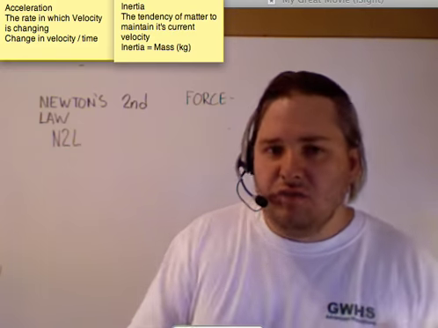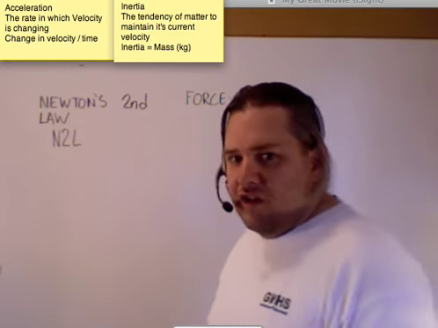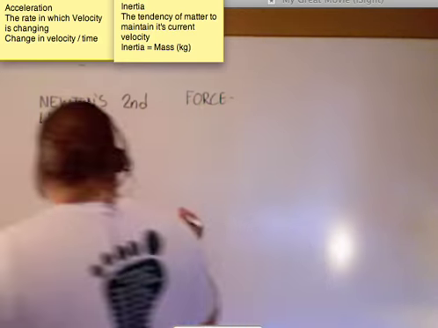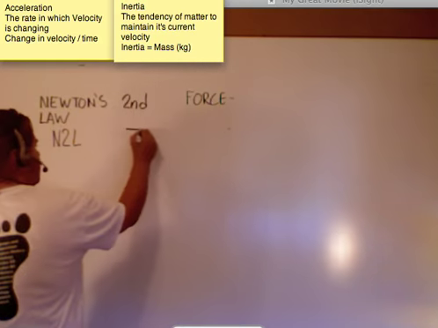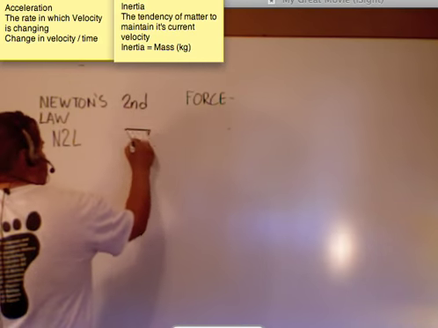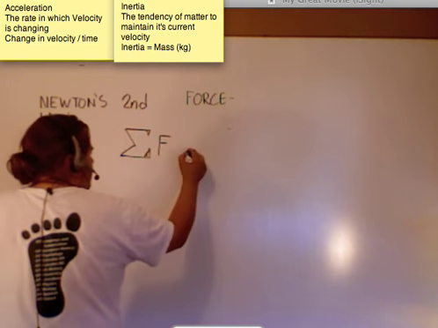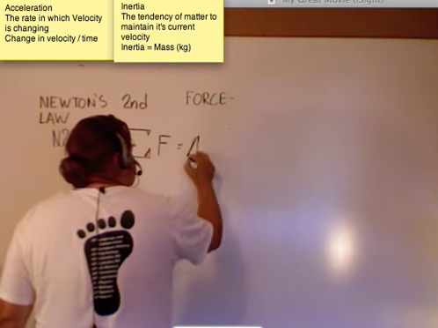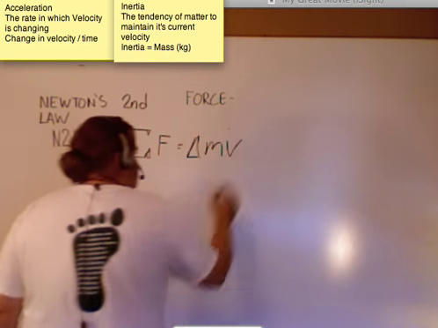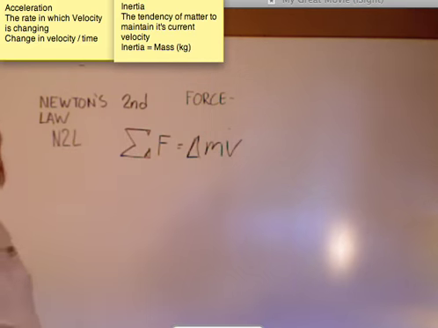That's what Newton is trying to say, and I'm just going to express it as this: net forces, and we're going to express net using the summation symbol, net forces creates changes in momentum. Cool? Pretty simple?